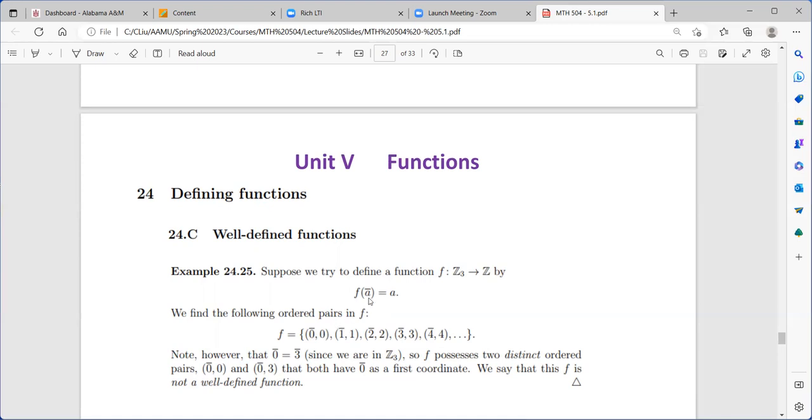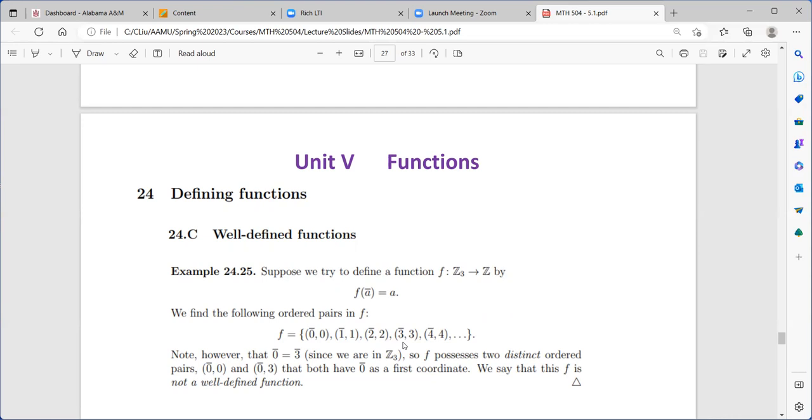For example, if a is 0, then the output is 0. You just take the value of a. So that's the first ordered pair, 0 bar, 0. Keep in mind the function value is a number, not a class. If a is 1, the output is 1, so the second pair is 1 bar, 1. If a is 2, the output is 2, so the third ordered pair is 2 bar, 2.